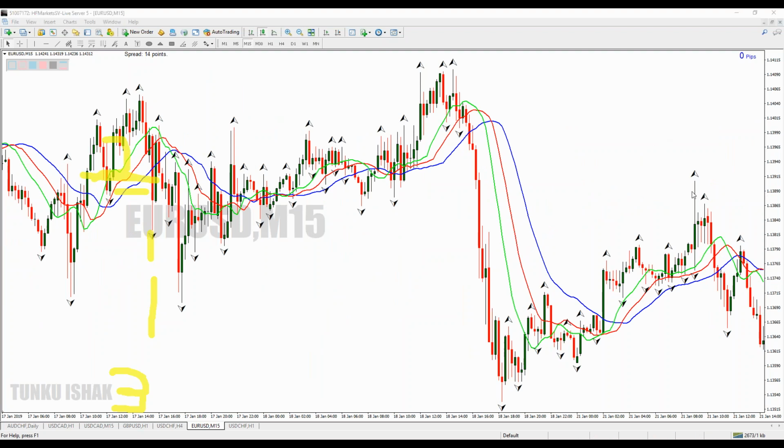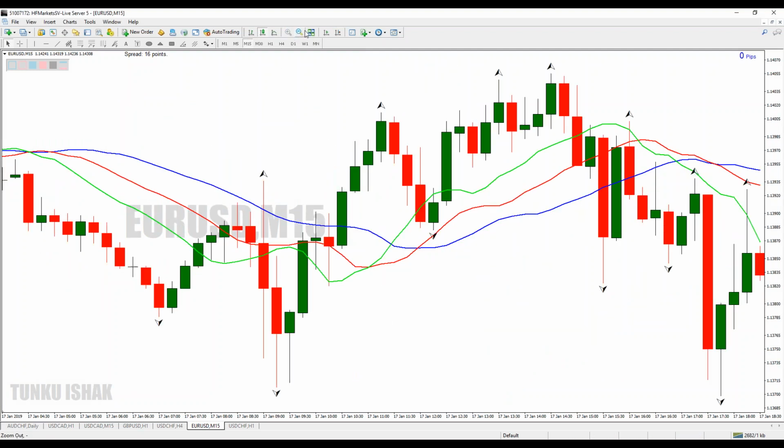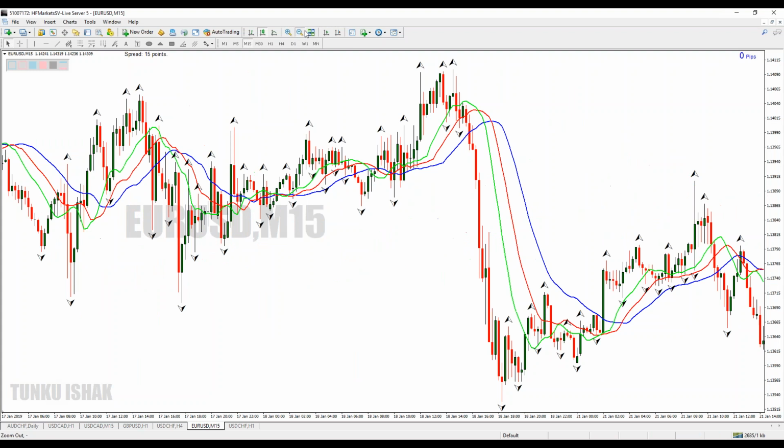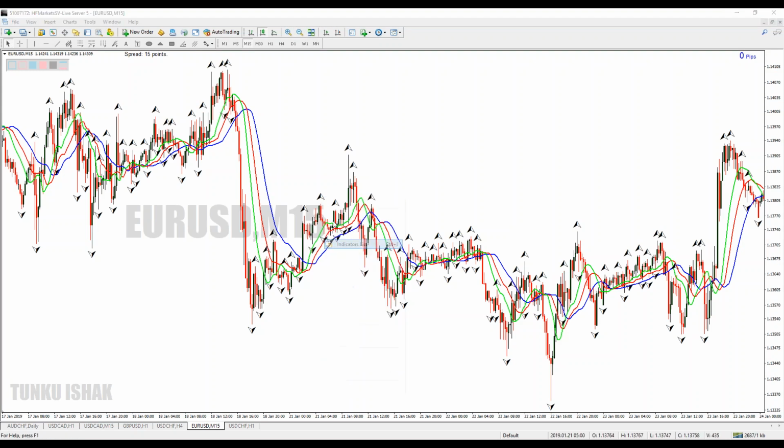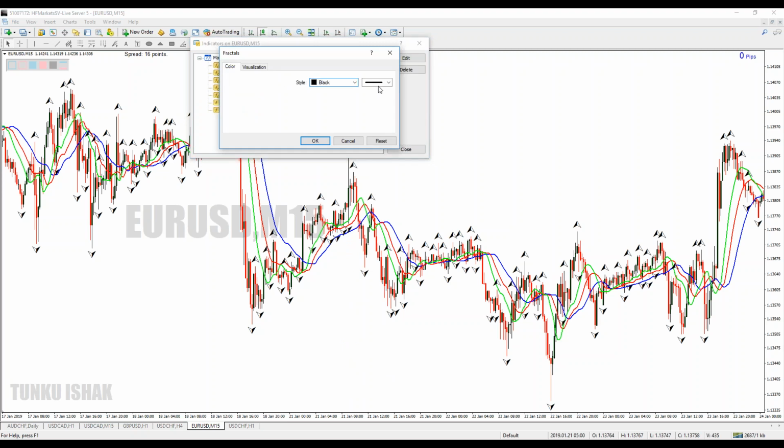To use the alligator indicator, please don't zoom in too much. You cannot see the trend. Try to zoom out so you can see the trend. Okay?